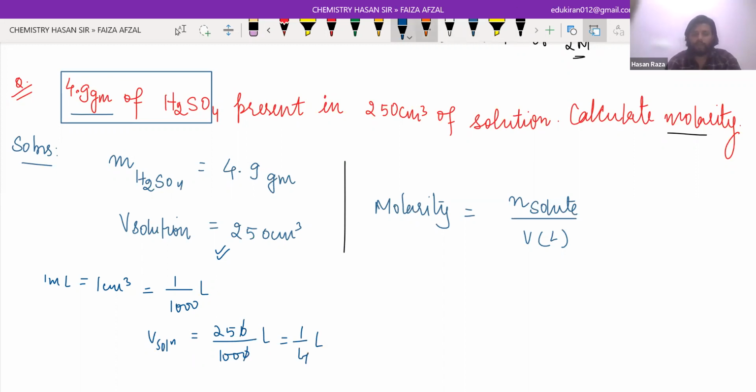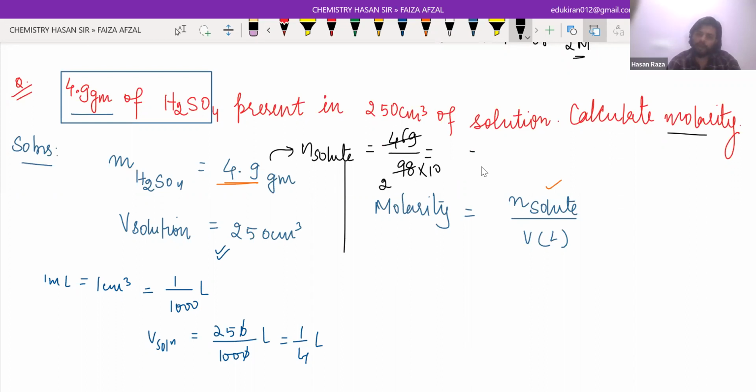Also, we need to put the value of the number of moles of solute. Here mass is given, so you can easily calculate it. H2SO4 is the solute, the given mass is 4.9, and the molar mass is 98, which you have calculated. If you remove the decimal, there will be 10, and this will be cancelled by 2 times.